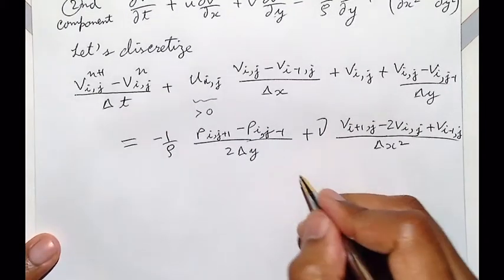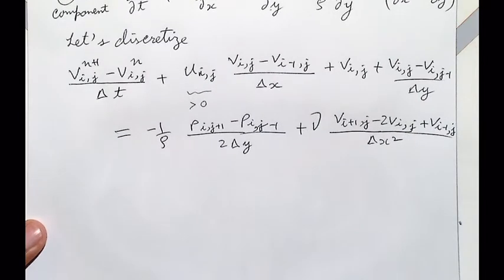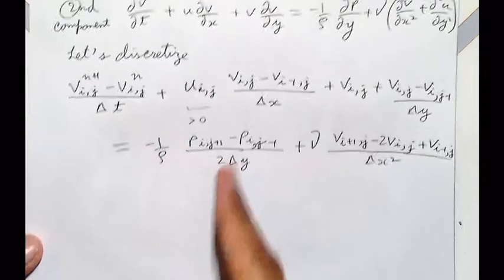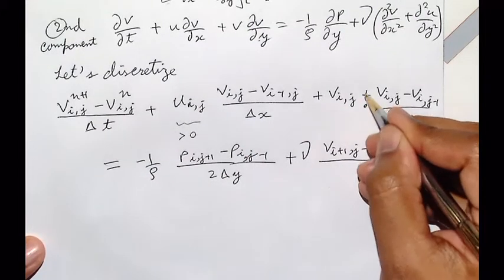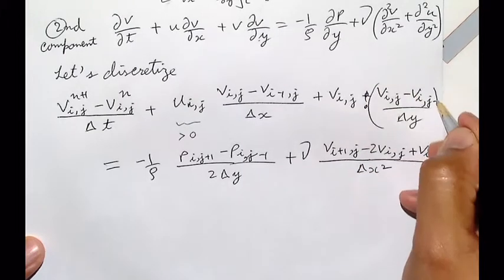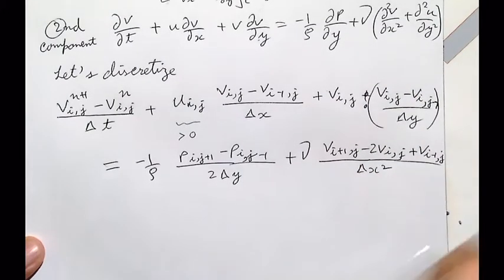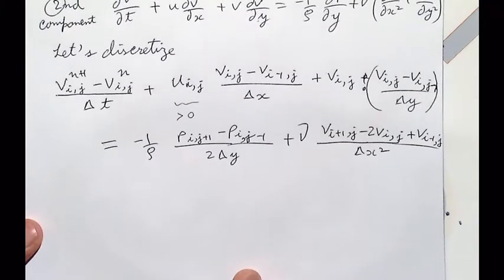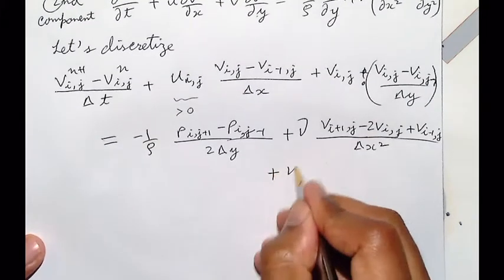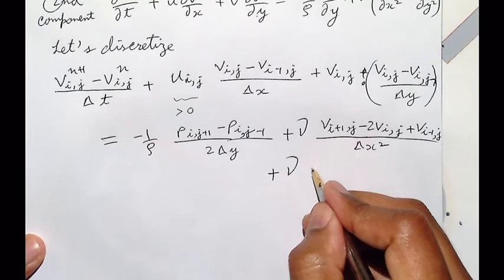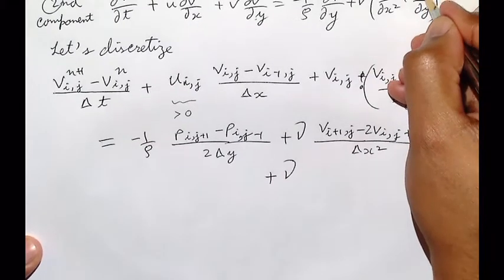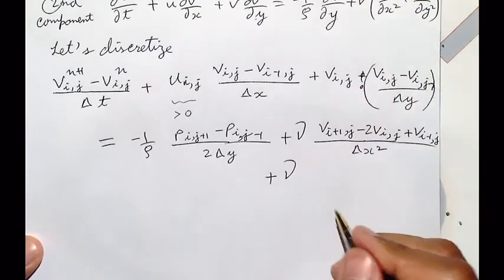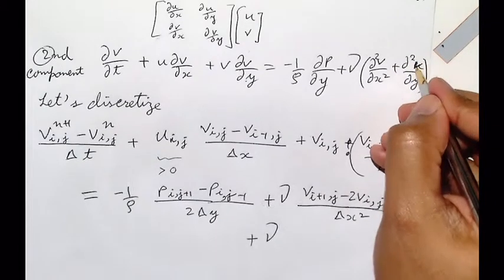I think there's just a typo. Where? V ij times that parenthesis. The first line, last term. Oh yeah, sorry. There's not a plus, it's times. Thank you. All right, perfect. No, P. There was another typo here. It's a D.